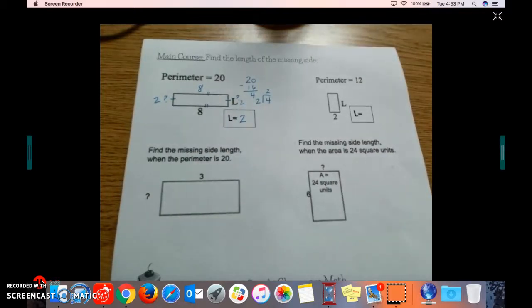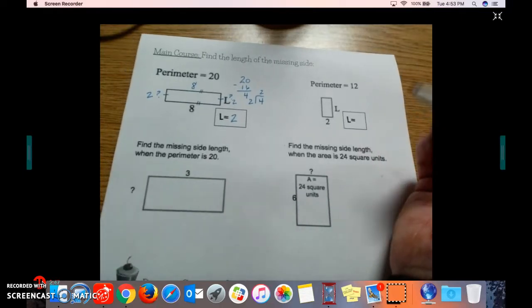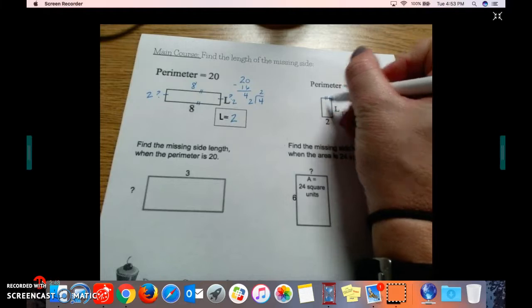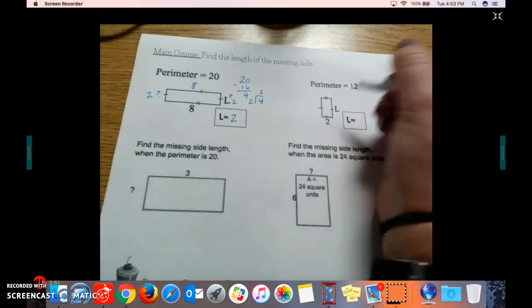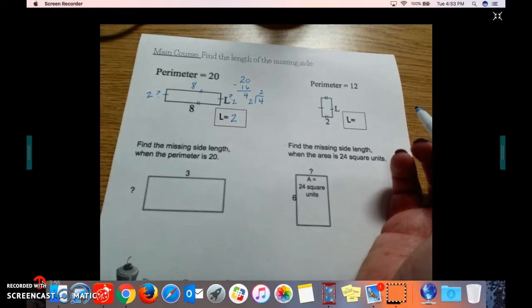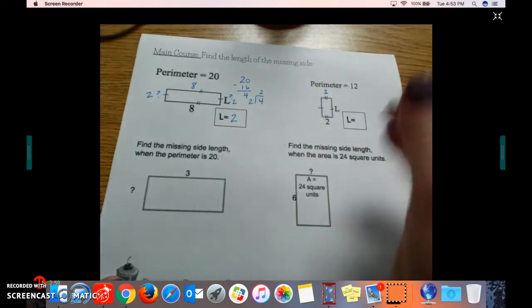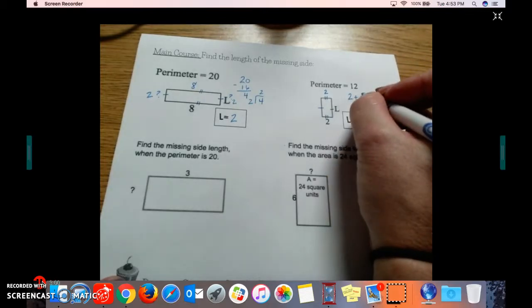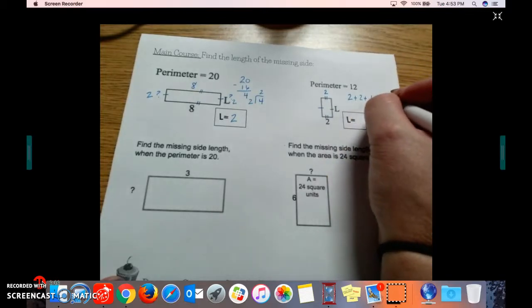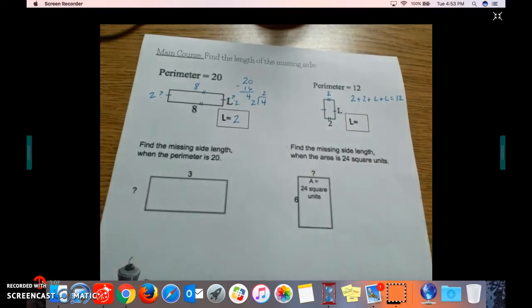Okay? For my next one, perimeter of 12, again, I have a rectangle. So I know these two sides are equal, and I know that these two sides are equal. And I am trying to find L. Okay? So I can fill in this 2. So I know that I have 2 plus 2 plus L equals 12. Okay?